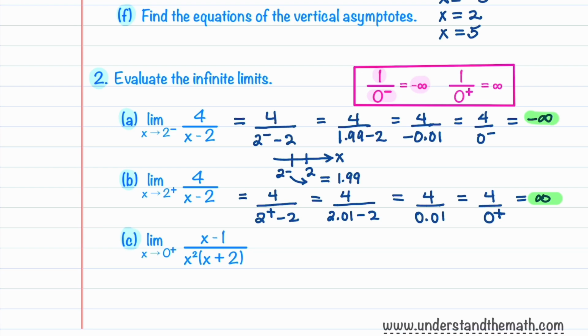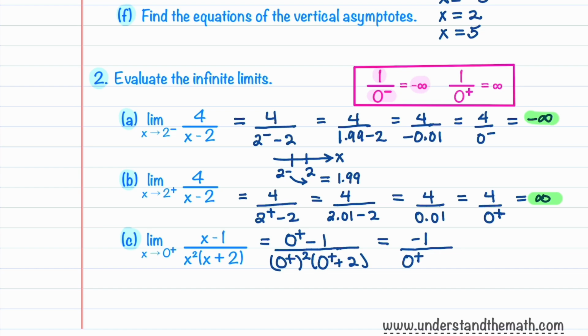Now let's look at part C. We're going to begin by plugging in that x is equal to 0 from the right. So we have 0 from the right minus 1, all divided by 0 from the right quantity squared, 0 from the right plus 2. 0 minus 1 is just minus 1. And then 0 from the right squared is going to be positive, so we write that as 0 from the right.